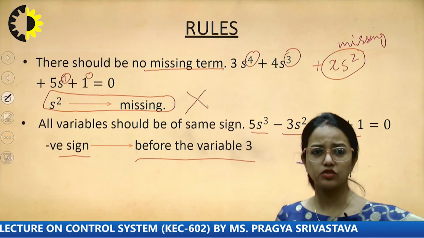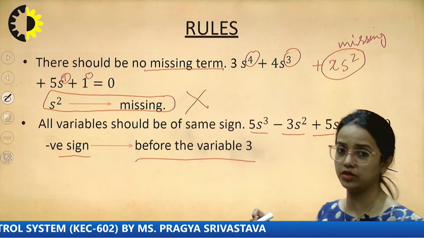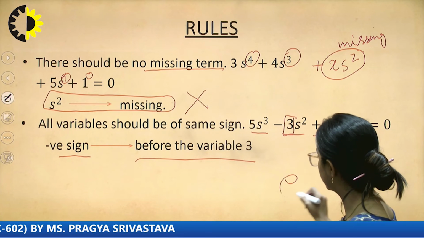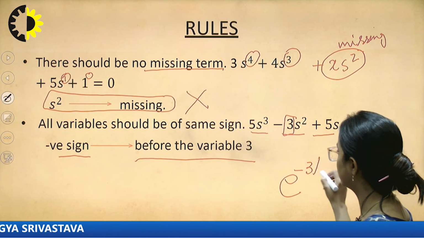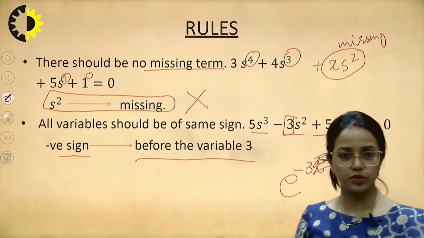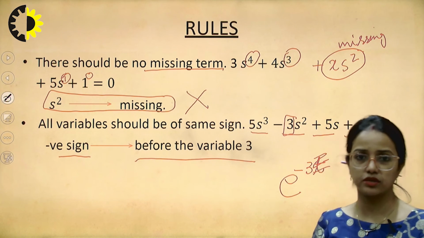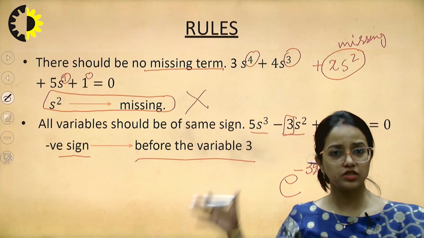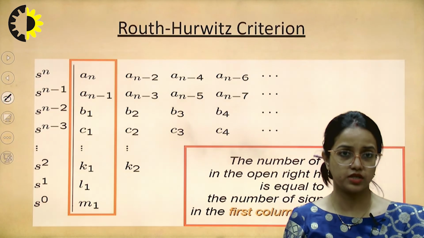One more thing, none of the coefficients should be an exponential term, like e raised to the power minus 3t, or sorry, anything related to the S domain. There shouldn't be any trigonometric coefficient, and there should not be any exponential coefficient. So these are certain rules which we need to follow before going for Routh-Hurwitz criteria.